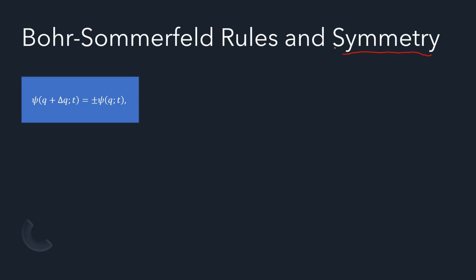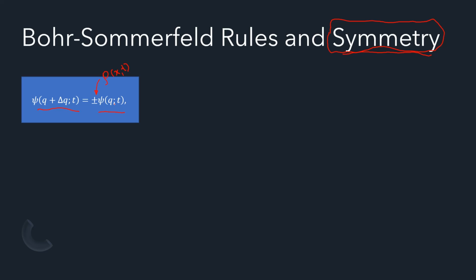If we have symmetry, then we must have the psi on the configuration point q plus delta q exactly the same as psi in q, but with the freedom of the sign, because what we have as an observed quantity is just ρ, which is the square of psi.